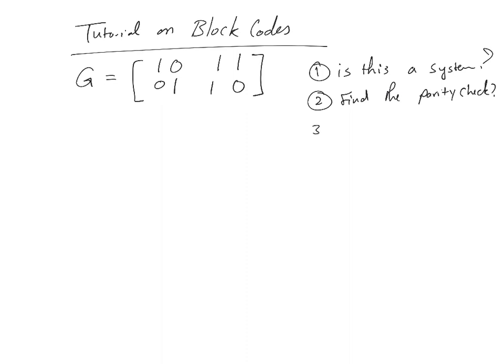Okay. Number 3 asks you for the code words for all input messages. So basically, list of all possible code words.